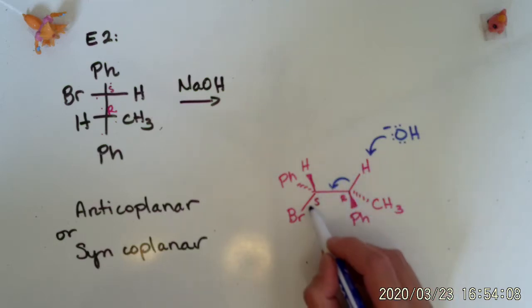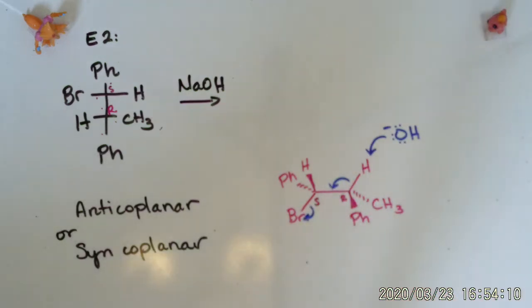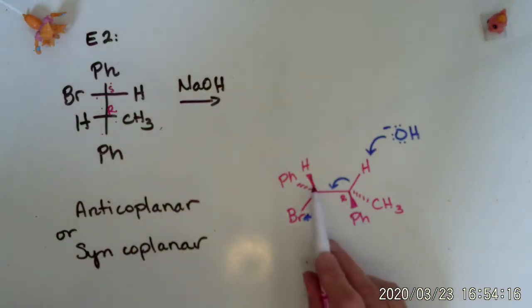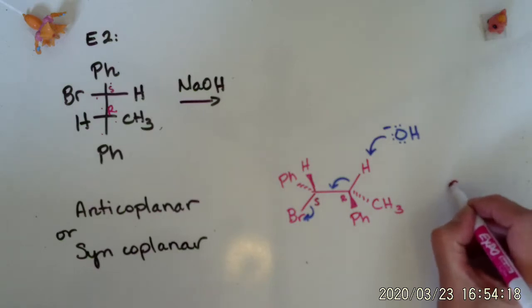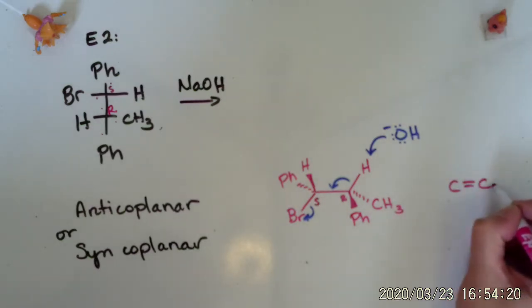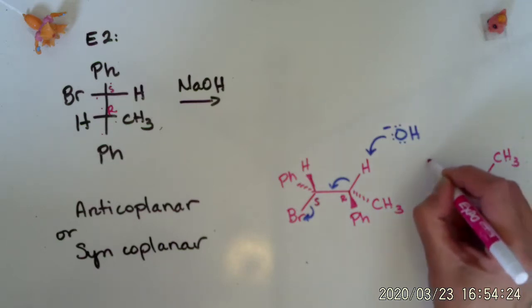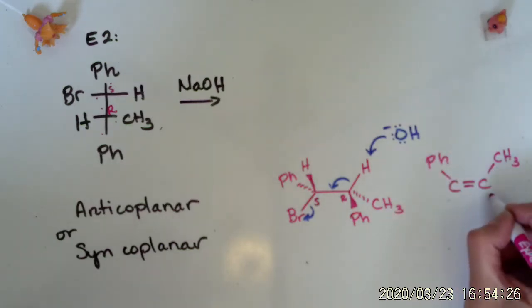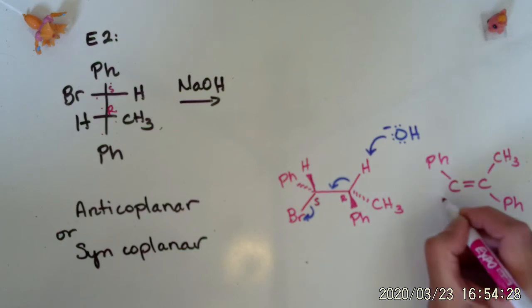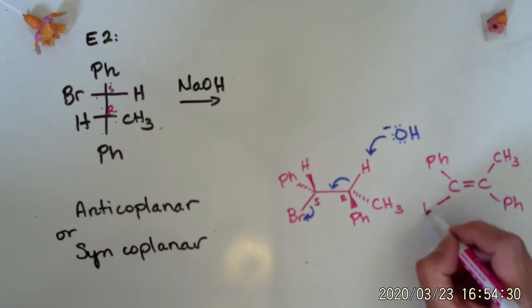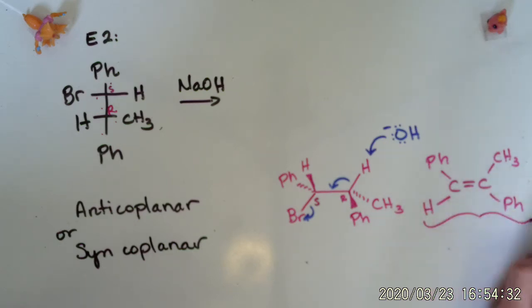That forms my double bond, and that comes out. When you do, in your product, this phenyl and the hydrogen are on the same side. So your product will have a methyl on this side, a phenyl group on this side, a phenyl group here, and my hydrogen there. This is the only product you're going to get.